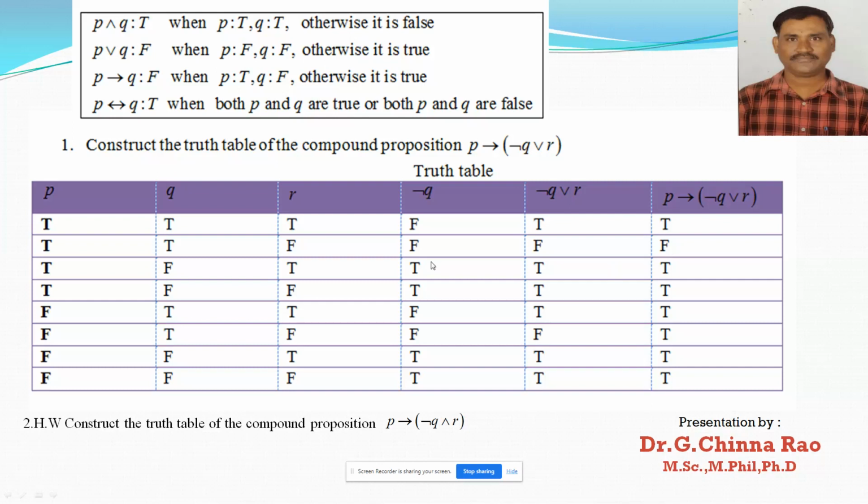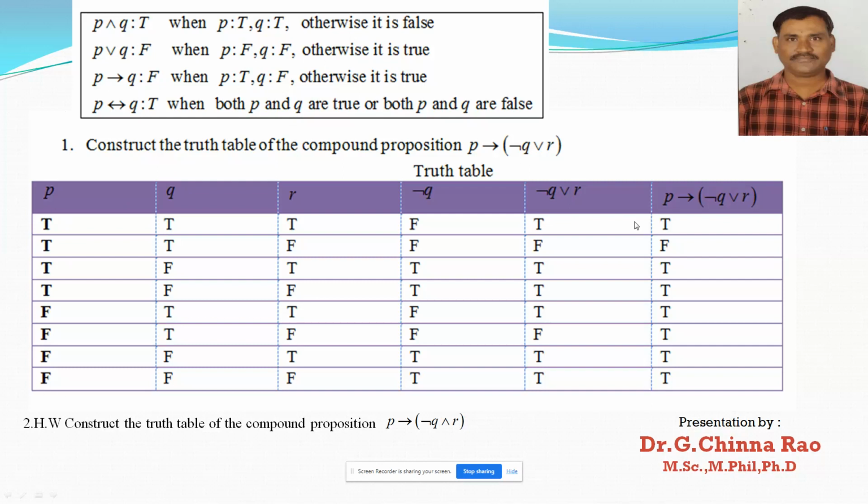You have to write P and negation Q or R values: true, true, true, true, false, false, true, true, true. We have to remember in this condition: when you have true, false, then only P conditional Q is false, and otherwise it is true.